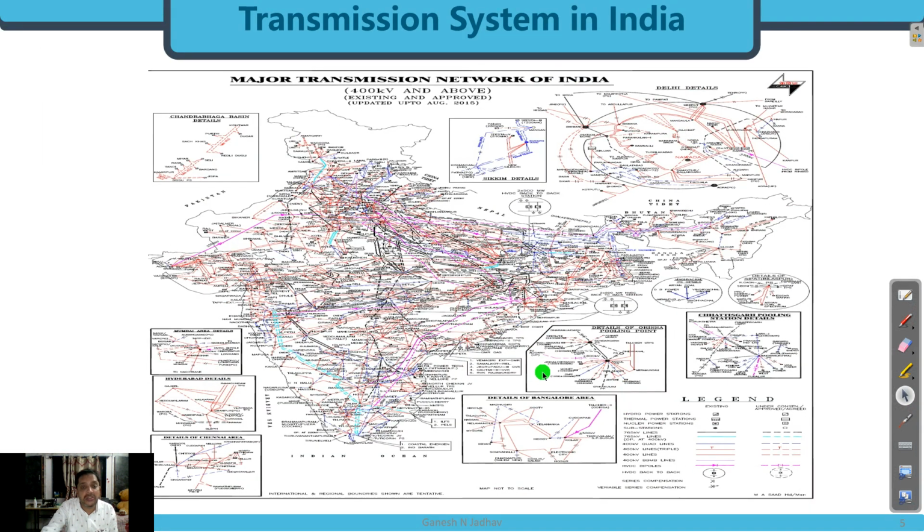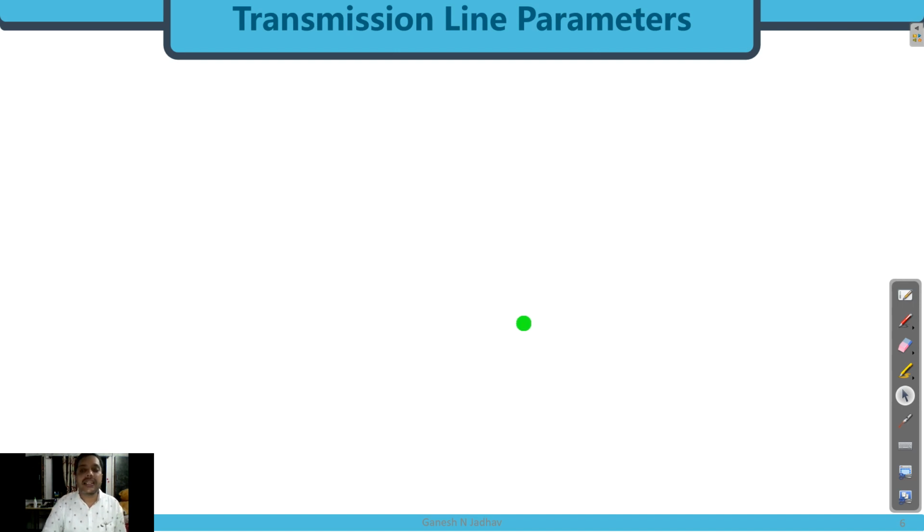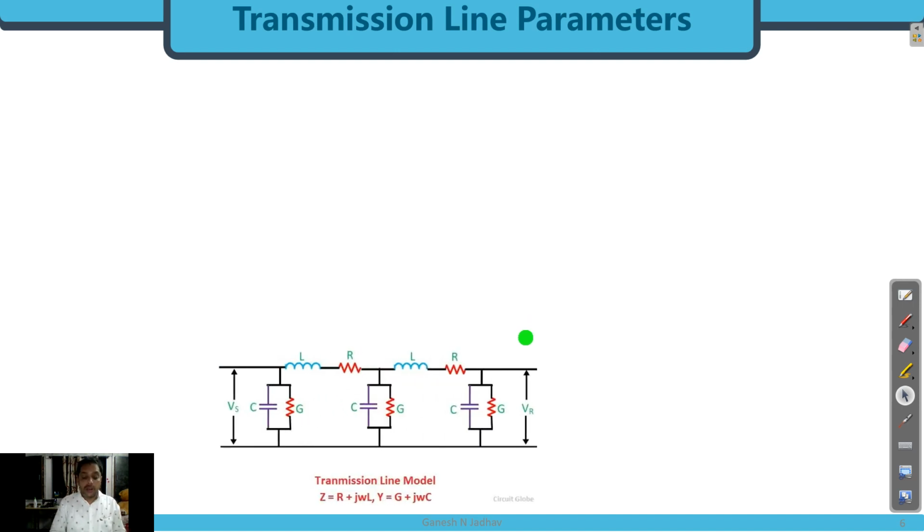So we know that this is another good sector to work in as an electrical engineer. But how will you work without understanding the concept? So let's begin with the transmission line parameters. In the second year we have studied how to calculate the transmission line parameters.